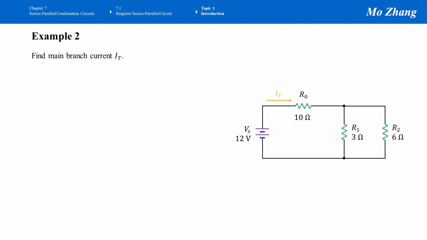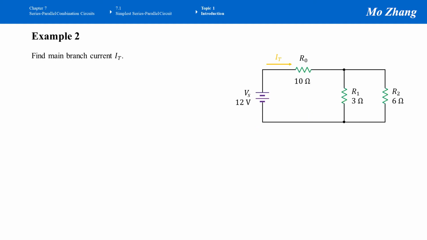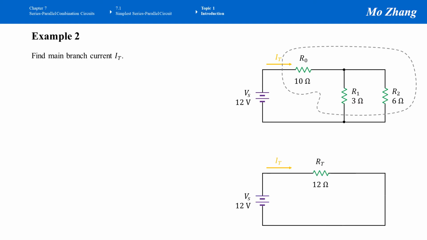So let's put a circuit here, and we can just replace those 3 resistors by that single resistor, R total. From the previous example, we know RT equals 12 ohm. Now we can apply Ohm's law, because this replaced circuit has only one source and 1 resistor. We can apply Ohm's law to find the total current.